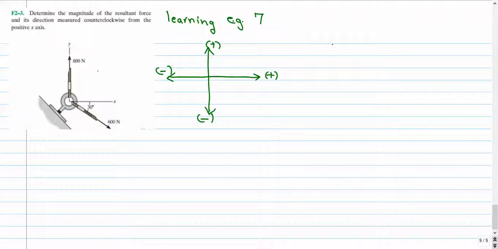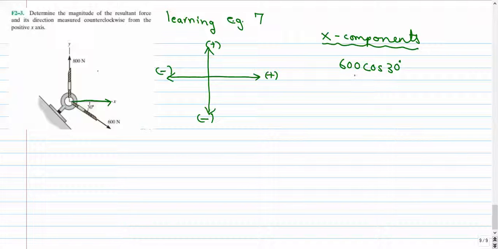The first thing to do is find the x components of the two forces. The x component for the 600 Newton force is going to be in the positive x direction, and it is going to look like this. So the x component is going to be 600 cos of 30 degrees, while the x component of the 800 Newton force is going to be 0, since the 800 Newton force is perpendicular to the x-axis.